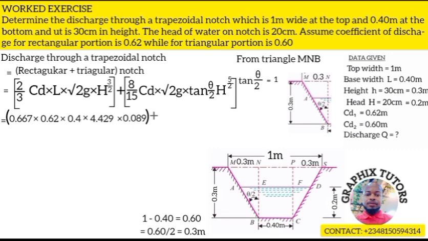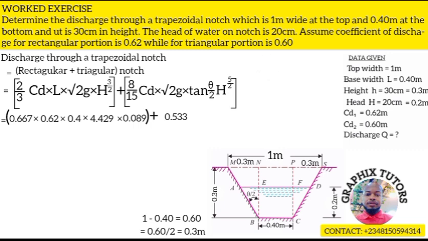Plus the 8 over 15, which is 0.533, multiplied by the coefficient of discharge for a triangular notch, 0.6, multiplied by the square root of 2 times 9.81 because of the 2g here, multiplied by tan theta over 2, which is 1, multiplied by the head, which is 0.2 raised to power 5 over 2.